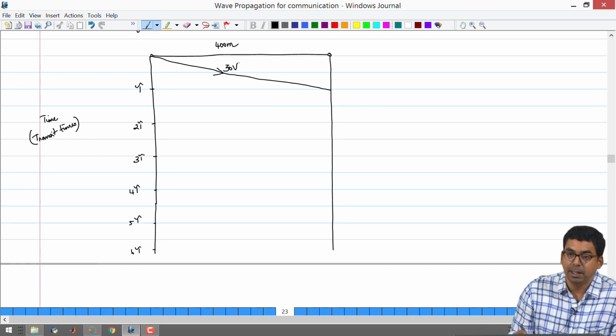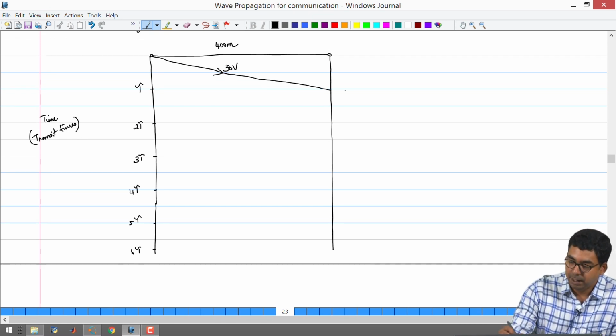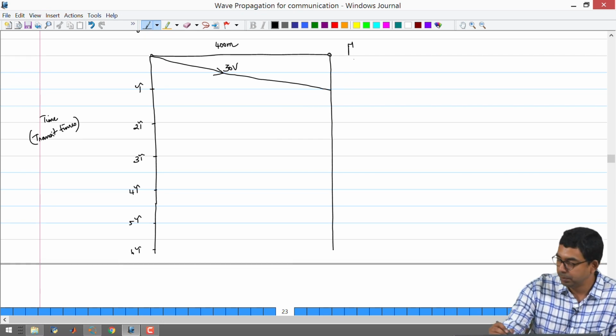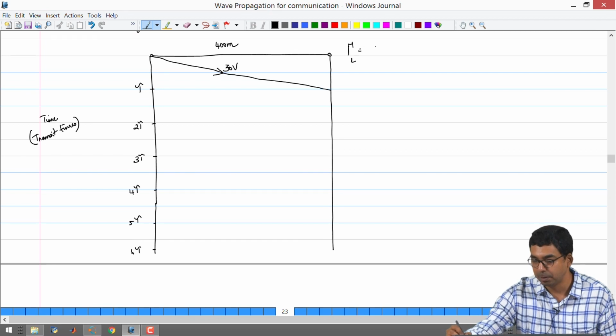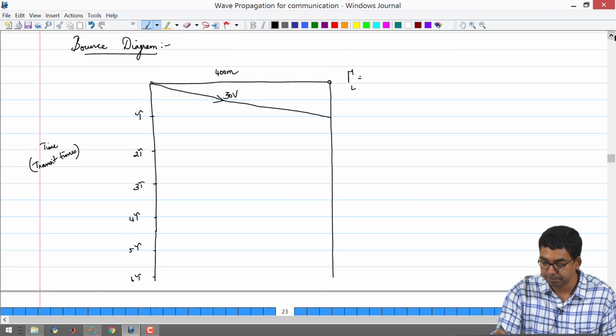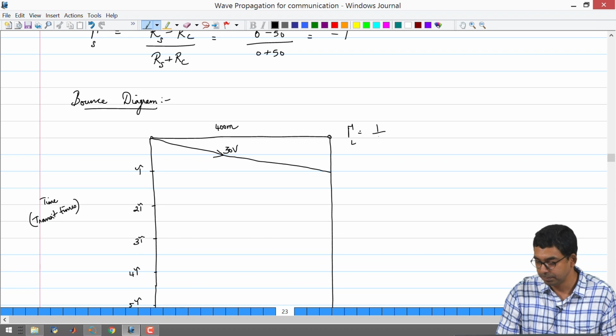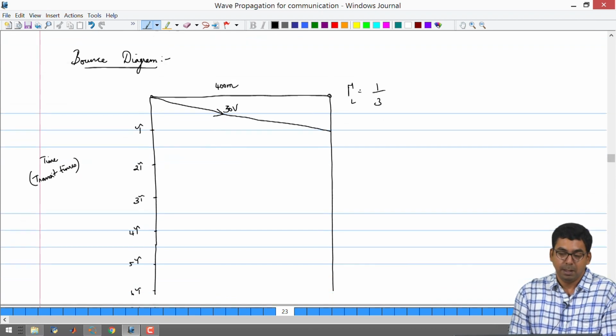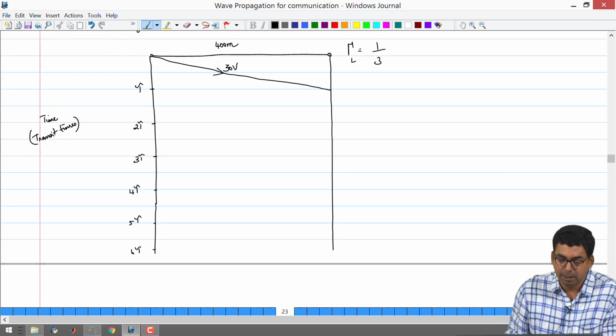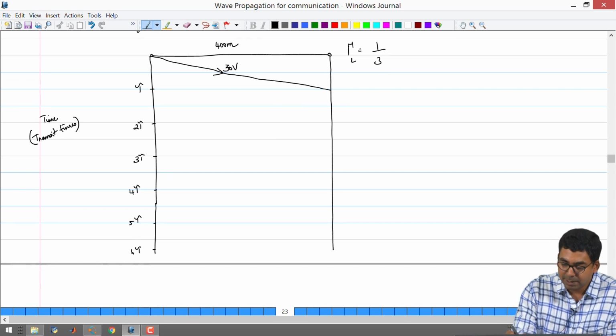Once it hits the load end, it sees a reflection coefficient gamma L equal to 1/3. So, in the next transit time, 1/3 of it is going to go towards the source end of the transmission line.